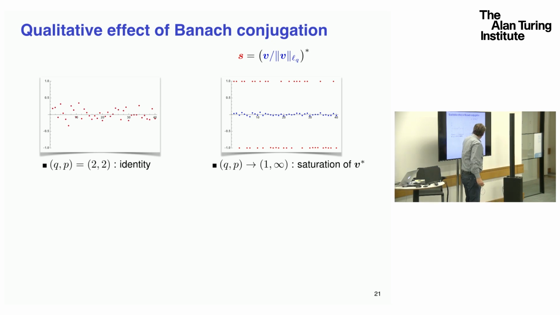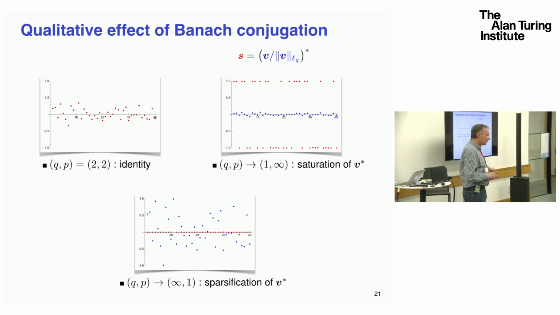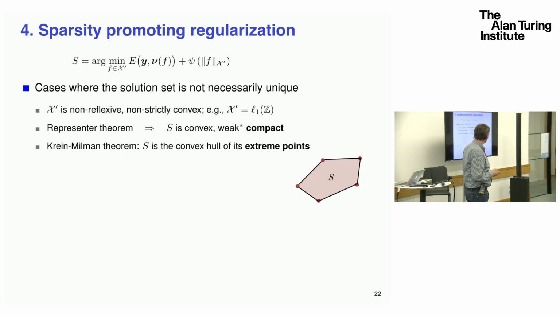And as you go here, P goes to 1, so Q goes to infinity, and there you have a really sparse solution. One survives and all the others get crushed down. So it's very interesting to look at those conjugation transformations.